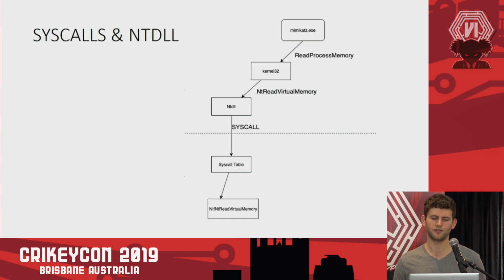So when you call NtReadVirtualMemory, the reading of the virtual memory happens in kernel land in that ntoskrnl NtReadVirtualMemory function I have at the bottom there. What a security product might be enticed to do is replace the NtReadVirtualMemory function in kernel land with its own function, so that whenever you call read virtual memory in user land, it transitions to kernel land perfectly fine, and then the syscall table lookup happens, and instead of going to the Windows function, it goes to the function you've put in there instead.